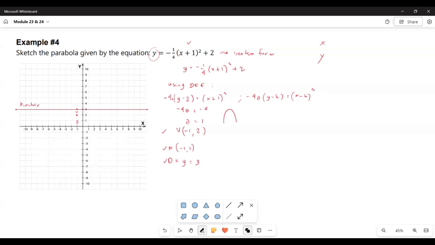So if our x is equal to 0, ang ating y is equal to 7/4 or simply 1.75. Okay, so dito siya magpo-fall. And then, kung ang x natin ay negative 2, magpo-fall din siya sa 7/4.